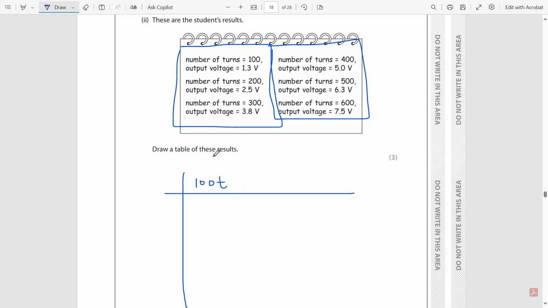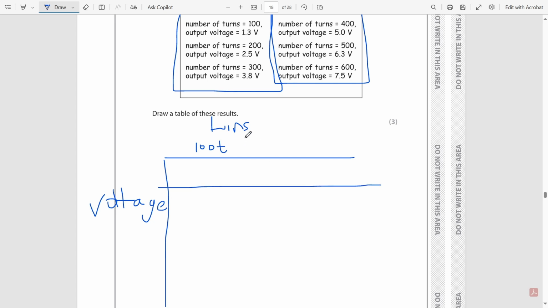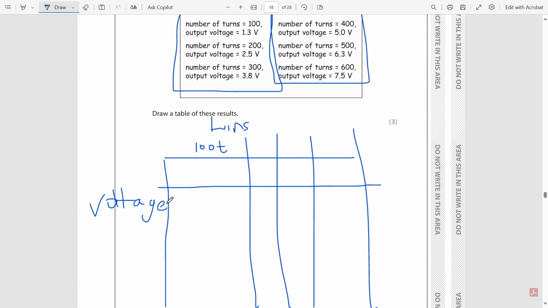This is for turns, and voltage. It should be like this. Okay, like that, guys. It's not pretty, is it?